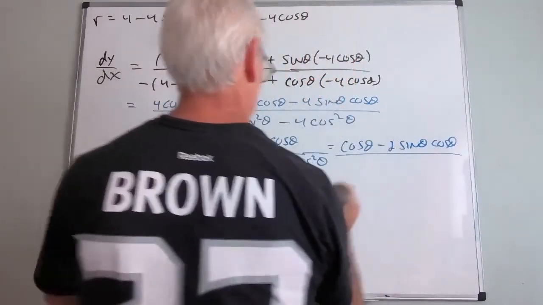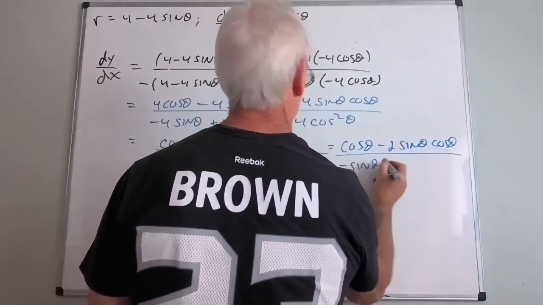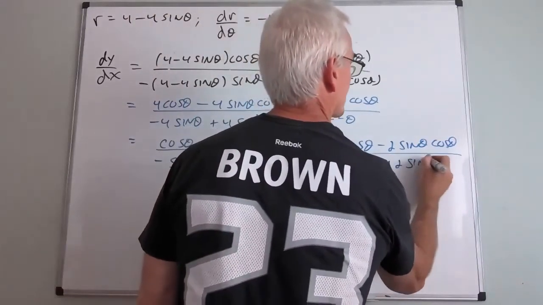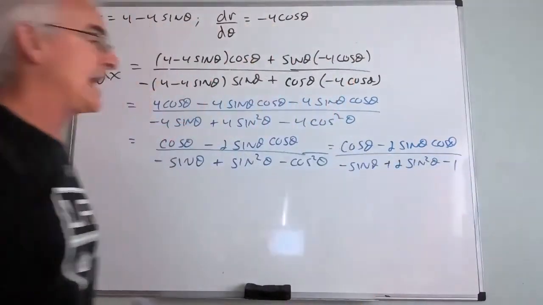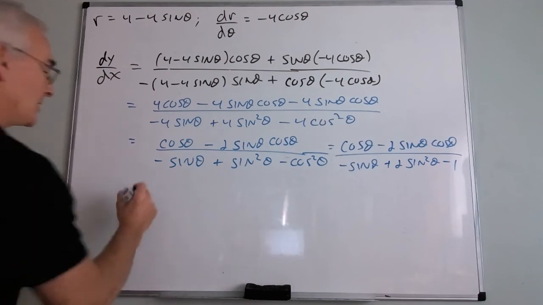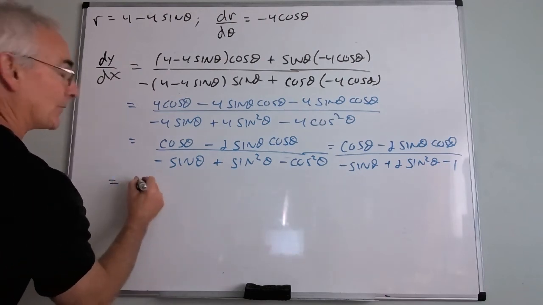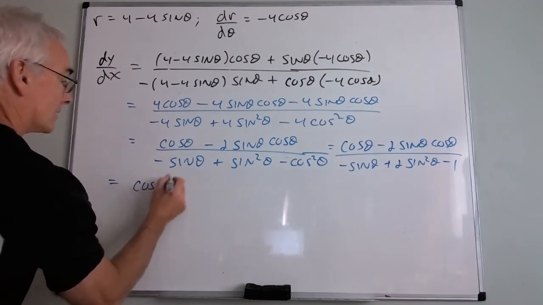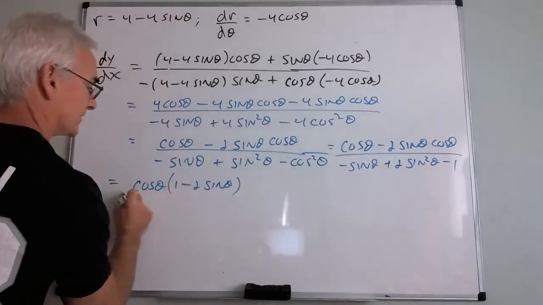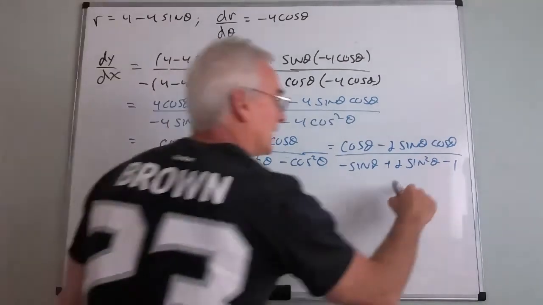But then the bottom would be negative sine theta, and this would be plus 2 sine squared theta minus 1. And my numerator and denominator right now are both factorable. Very, very nice. So my numerator, if I factor out the cos theta, would leave me with 1 minus 2 sine theta.